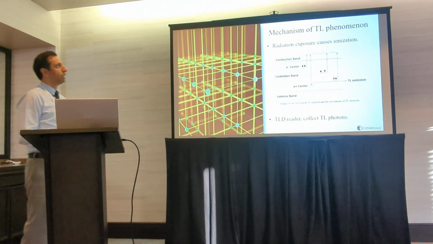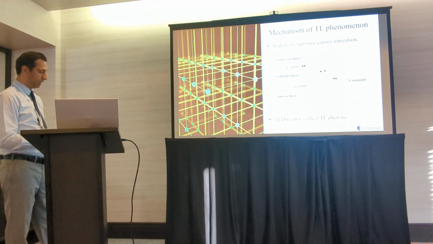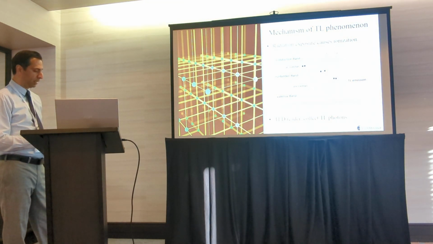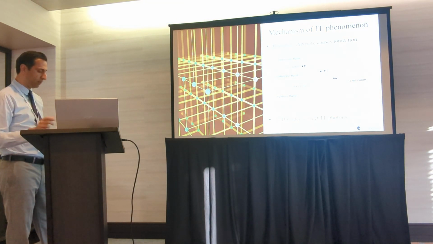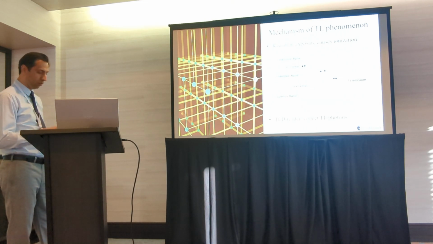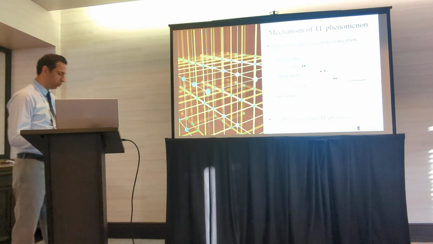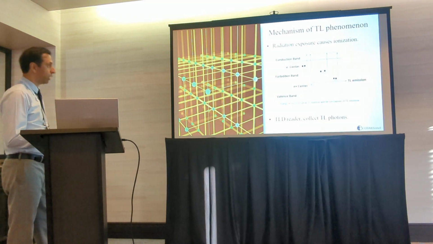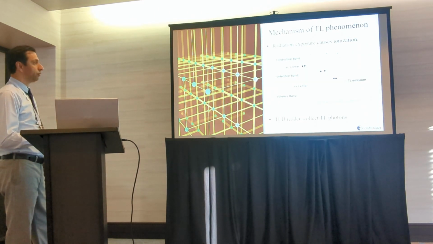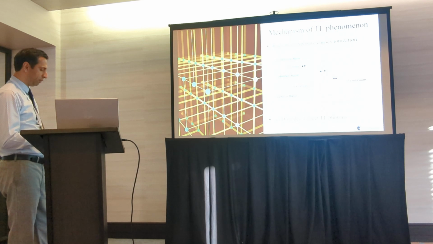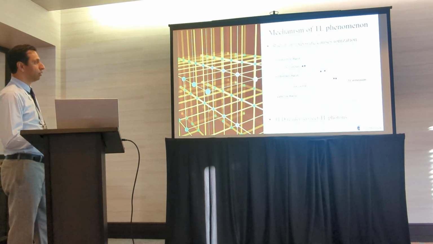Okay, mechanism of the TL phenomenon. TLDs, with their crystal structure and energy levels, allow for effective trapping of electrons and holes. When exposed to radiation, electrons are released from the valence band and trapped in energy levels within forbidden gaps of the crystal, while empty places, called holes, are also trapped.